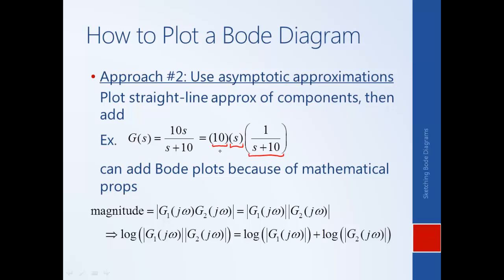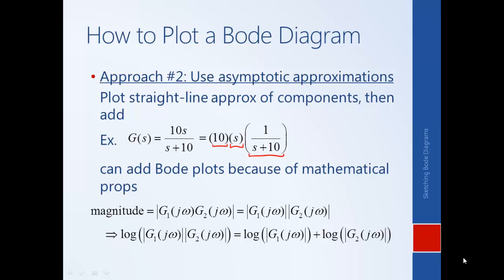So if we have a magnitude plot of a simple gain, of a differentiator, and of a pole, to get the magnitude plot of the whole transfer function, we simply add those individual magnitude plots together.